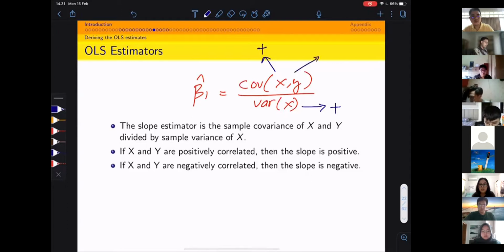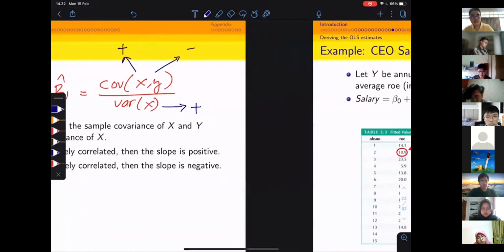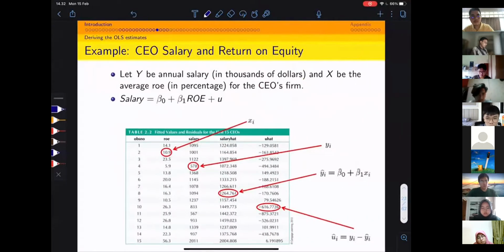However, if the sample covariance is negative, then the value of beta 1 hat is going to be negative. And so the correlation between X and Y determines the slope, the value of beta 1 hat. All right, any questions before I move on to the next slide?